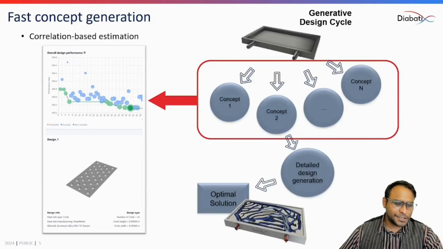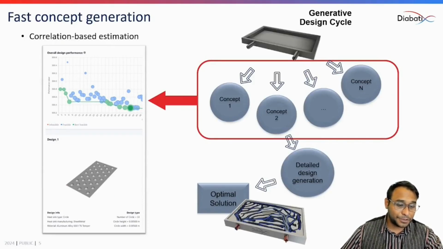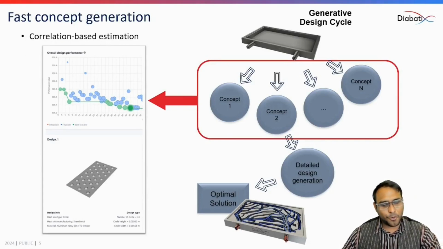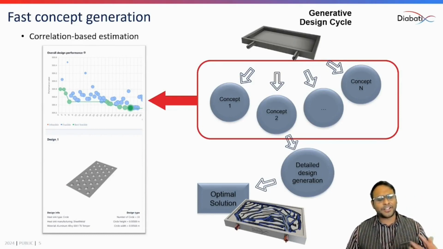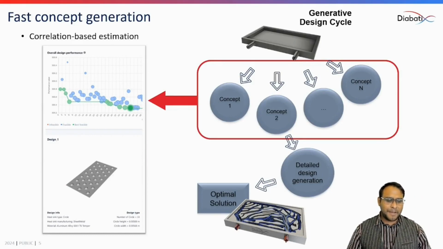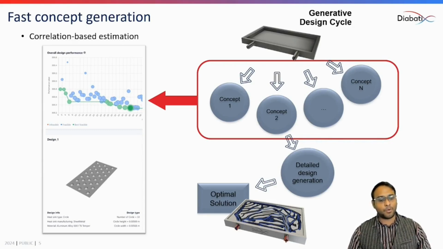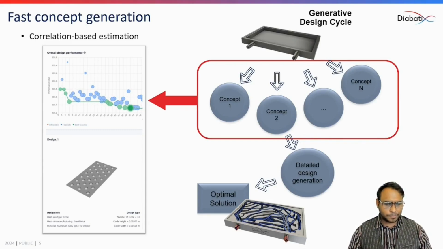In today's discussion, I wanted to dive deeper into the fast concept generation capability of ColdStream, which basically leverages correlation-based estimations to help you generate some great first few concepts by conducting hundreds of iterations in the backend and giving you a better first few starting points and amplifying your conceptualization phase till, of course, you get to the full-fledged optimization and help you with your final most desired solution.